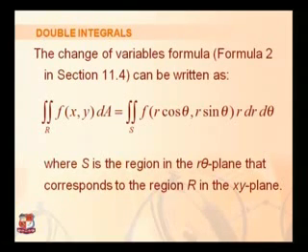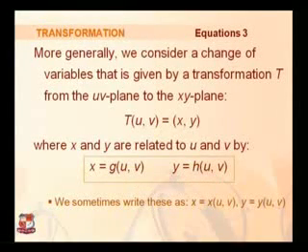Our integration f of xy dA will be f of r cos theta, r sin theta, times r. Here r is the Jacobian with respect to this transformation from xy to r theta.